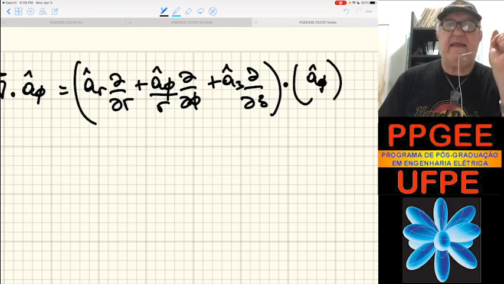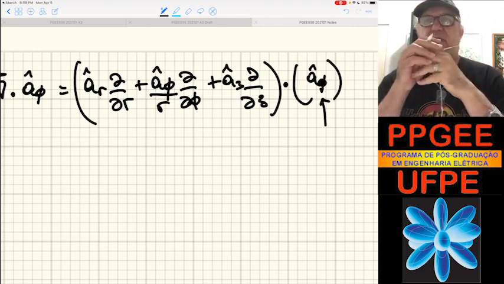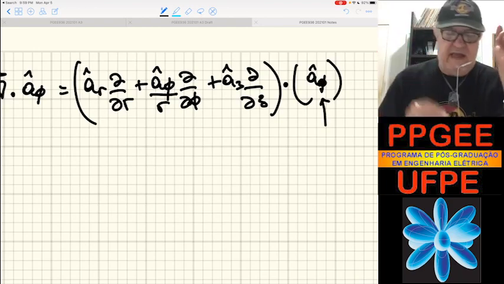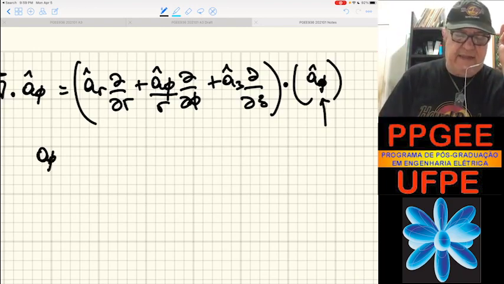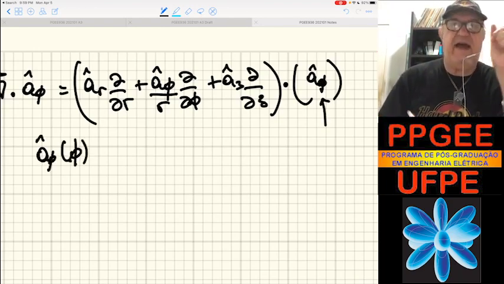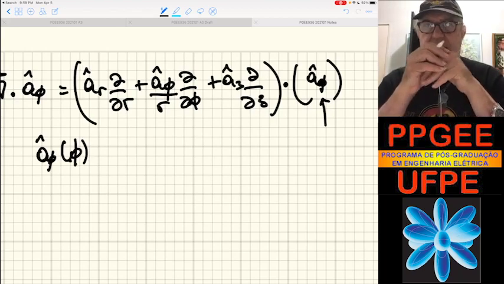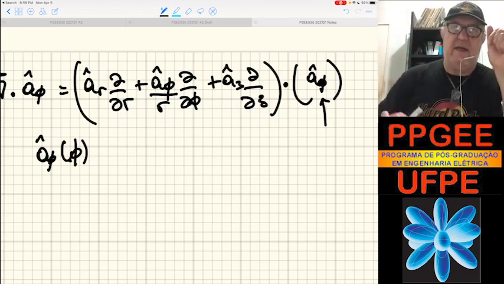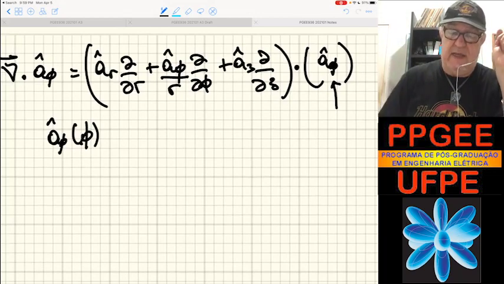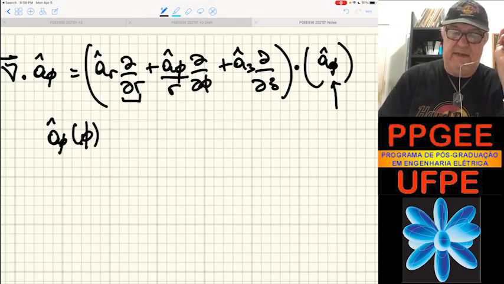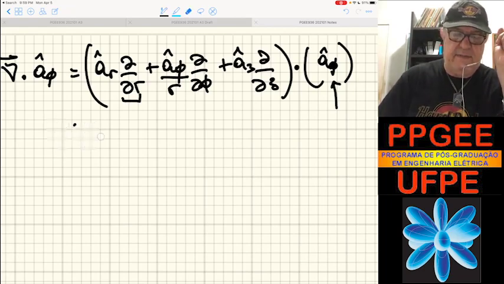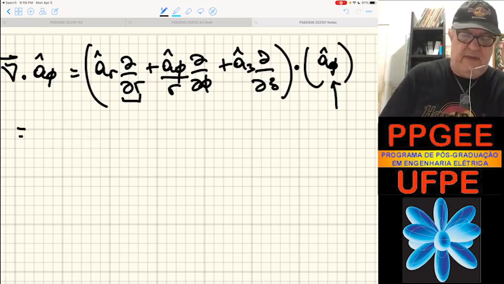Now we know, as we just talked about before, that a phi only depends on the phi coordinate.